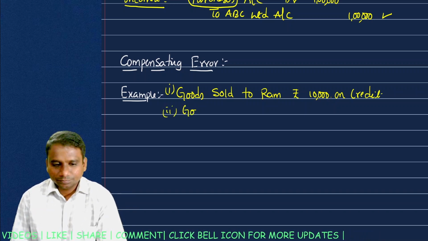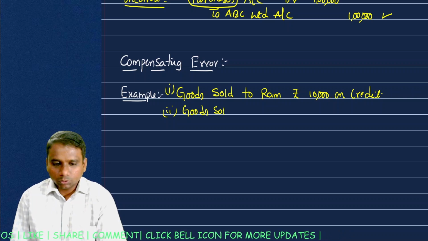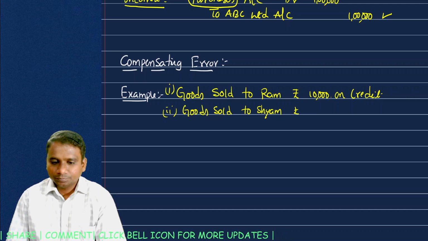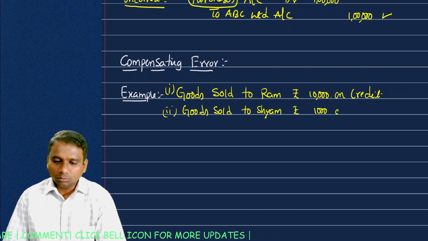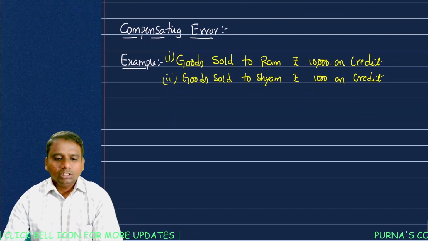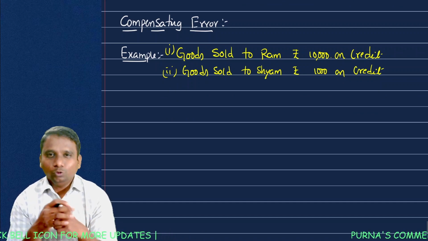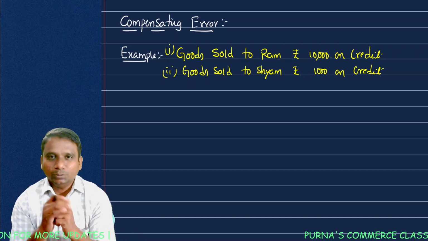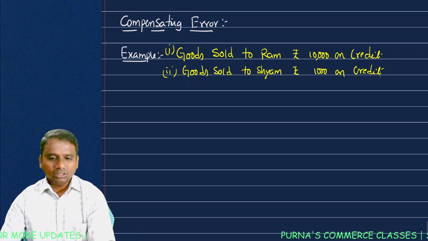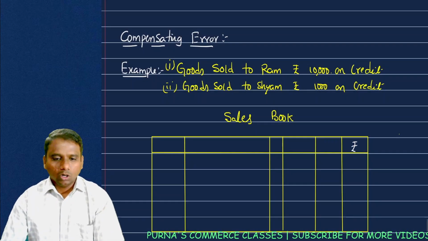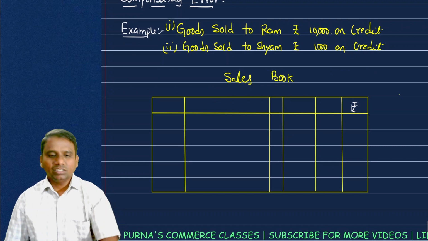Another transaction: goods sold to Shyam, rupees 1,000, on credit. Now these are credit sales of goods. So in which book do we record these two transactions? Sales book. Yes or no? Now we'll draw the sales book format. Here we have our sales book format. Now how do we record these two transactions in the sales book?